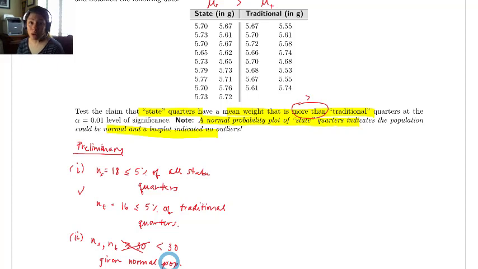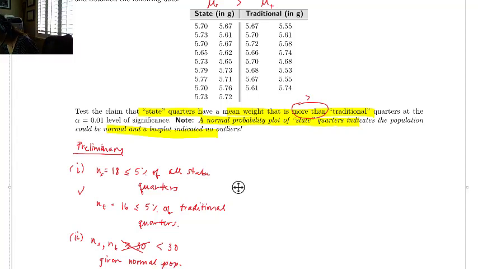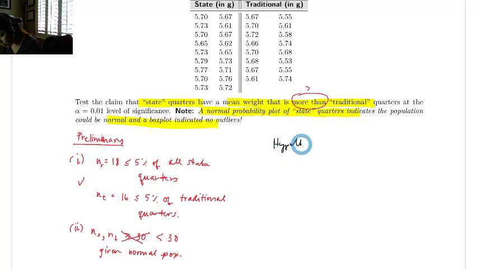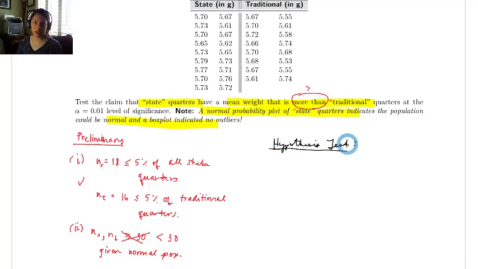Okay, so now that these are met, we can go ahead and now do the hypothesis test. So let me go here. Okay, so the first thing we always do is identify the scenario.